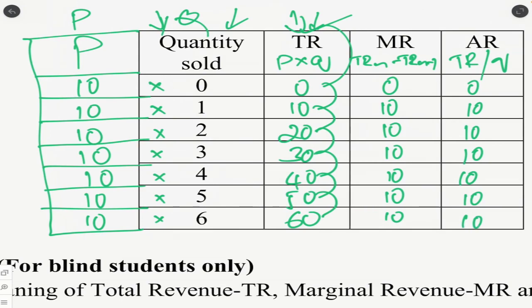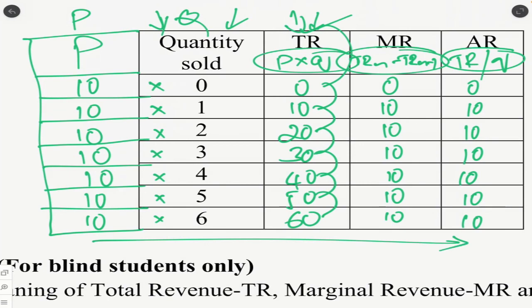Simple. So we have filled up this entire table just by remembering these very simple elementary formulas, and by applying the principles of multiplication and division, we should be able to fill up this entire table, and for this we get full 5 marks.